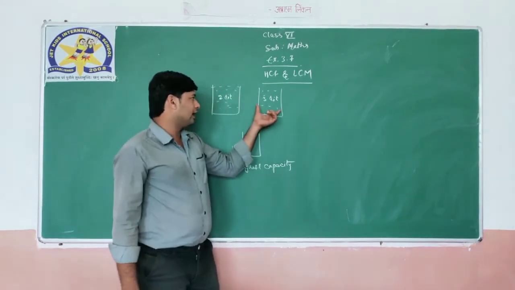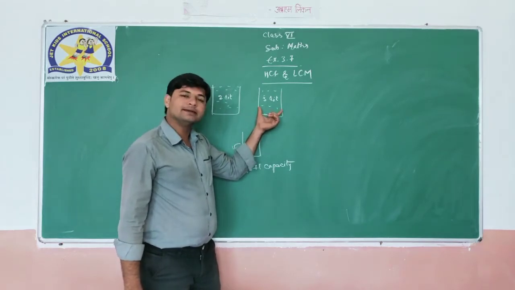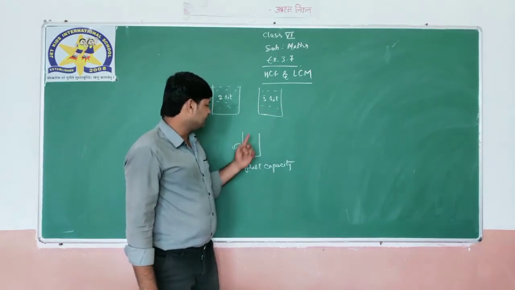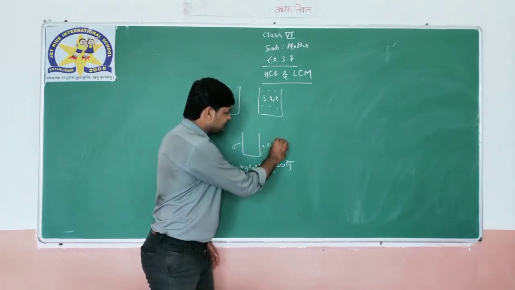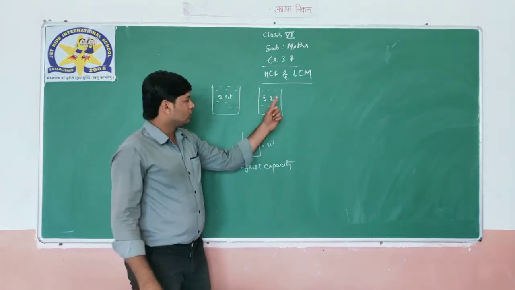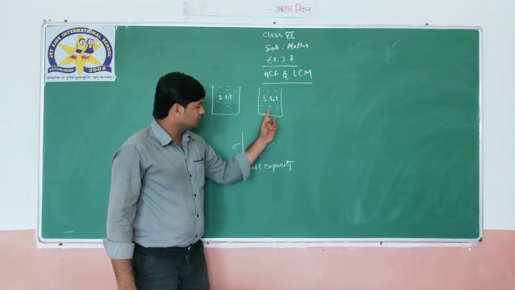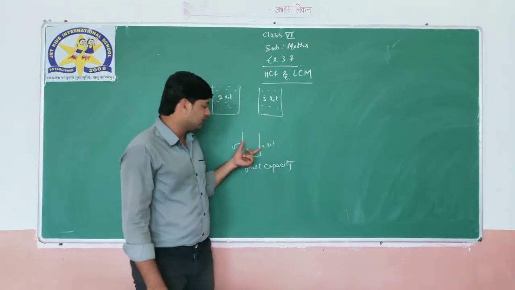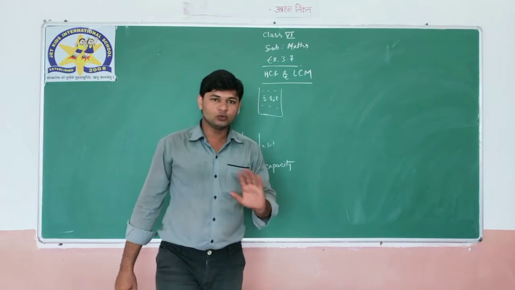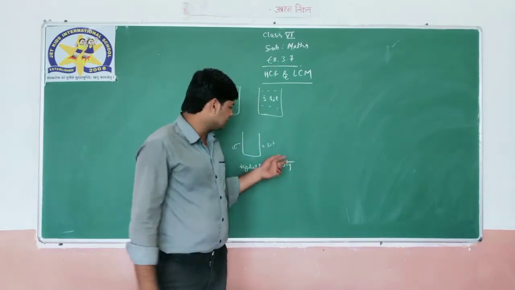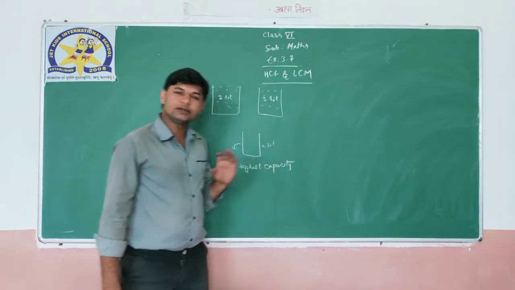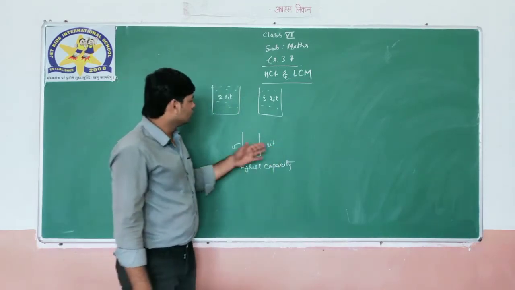But what about the 3 liter container? First I take 2 liter in it, and the remaining 1 liter cannot be measured exactly. Exactly means the remainder should be 0. Here the remainder is 1, and that cannot be measured by the 2 liter container. So it is not possible.